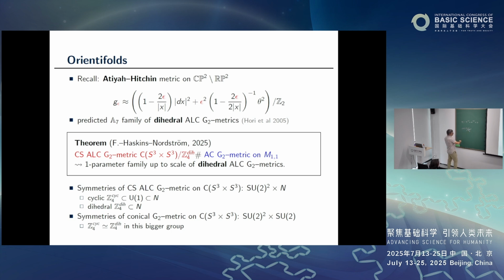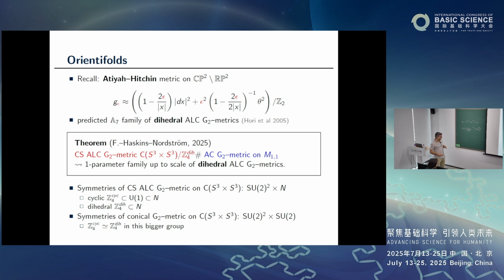So this has a codimension 7 singularity, a circle bundle over the Calabi-Yau cone, and here you can desingularize using this new asymptotically conical G2 metric on the space M11, corresponding to the choice M and N both equal to 1. So this will give you back the metrics that we knew before from the previous theorem.